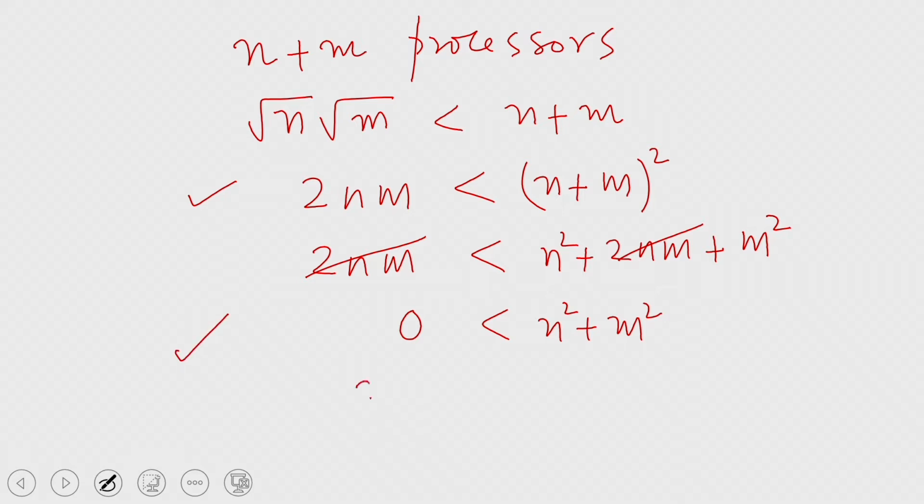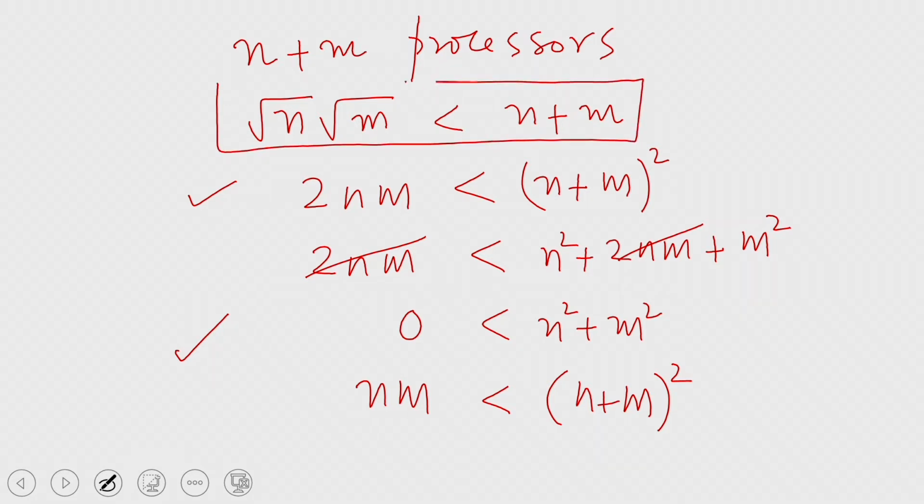But then nm is less than 2nm, therefore nm is less than n plus m the whole square. If you take the square root on both sides, we have what we want. Square root of n into square root of m is less than n plus m.